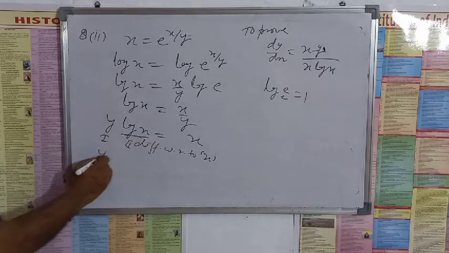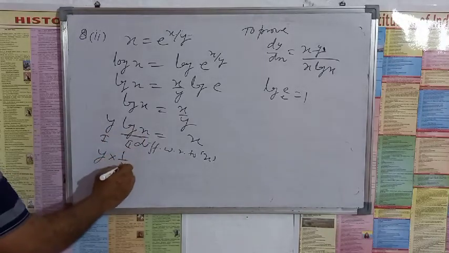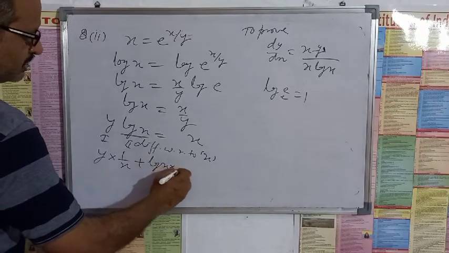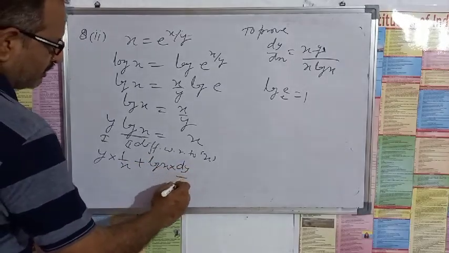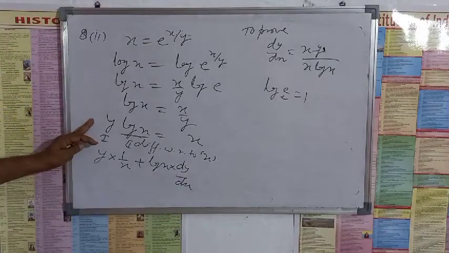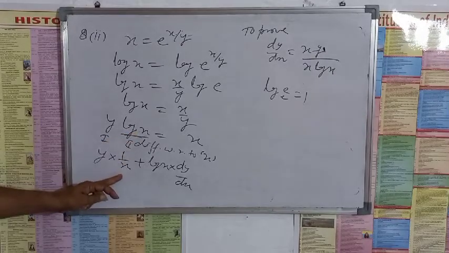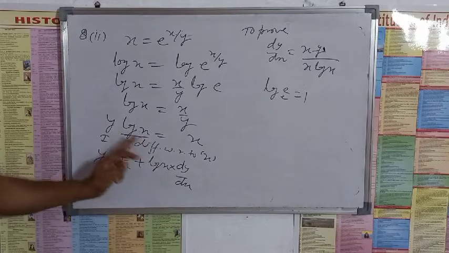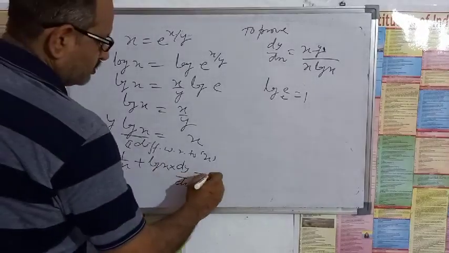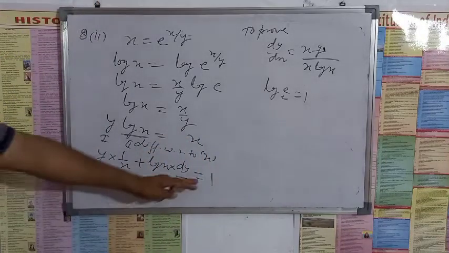So we can write y into derivative of log x, it is 1 by x, plus log x into derivative of y, dy by dx, is equal to derivative of x, which is 1.